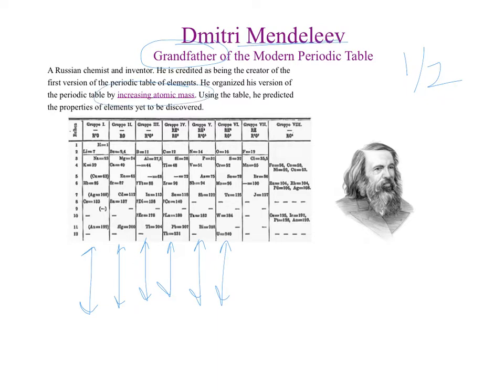And he even left spaces for elements that were not yet discovered, but he was able to make predictions of what their reactivity would be and around what mass they would have. So once again, Mendeleev ordered the periodic table by the average atomic mass.